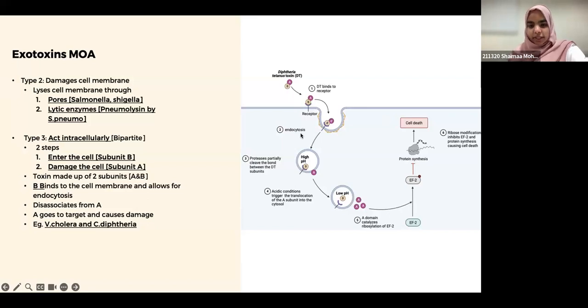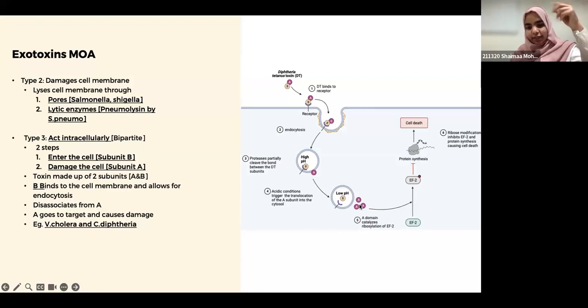What happens with the diphtheria toxin specifically is that after it dissociates into B and A, the acidic conditions inside trigger the A subunit to go into the cytosol. That's something specific: the low pH makes the A subunit go to the cytosol. And now the A subunit can do what it's supposed to do.